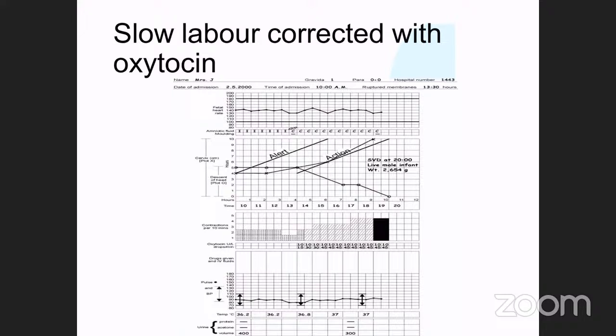Then at 4 hours, she was at 5 cm. Okay, no. At 1, 2, 3. She was then at 6 cm, and then eventually she progressed.